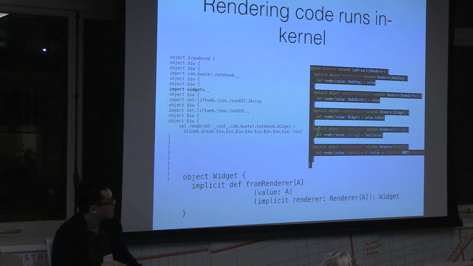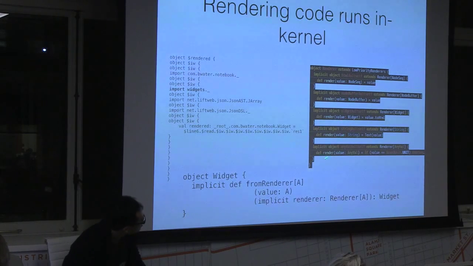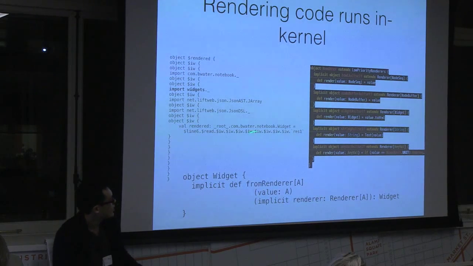And so these are all the implicit objects, implicit renderers that are defined in Scala Notebook. There's one for HTML, there's one for NodeSeq, there's one for strings, there's another one for Seq. And so basically we use the implicit conversion type resolution of the compiler to actually figure out which renderer to use. And so this obeys all of the standard scoping rules of implicit resolutions.